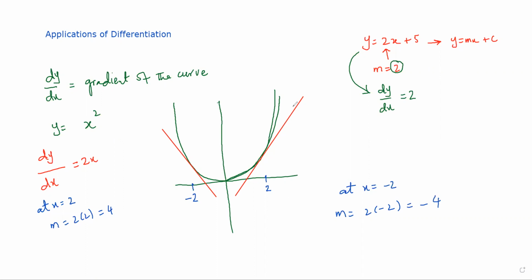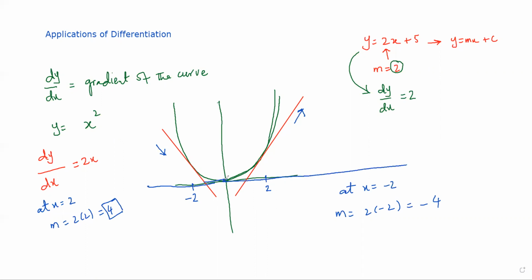You can clearly see that this is an upward, increasing, rising line over here. So it is justified that its gradient should be positive. And this is a decreasing line going downwards, so its gradient has to be negative. Imagine this x-axis being a tangent onto this curve as well.